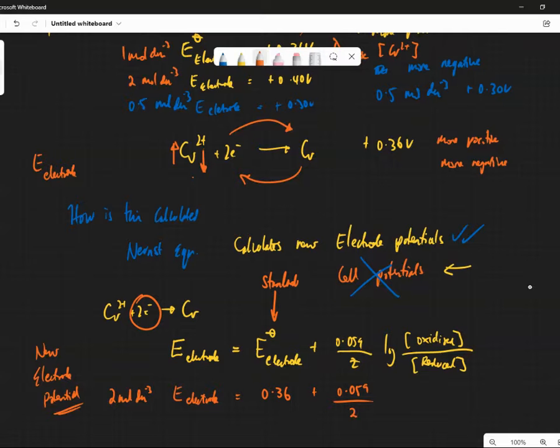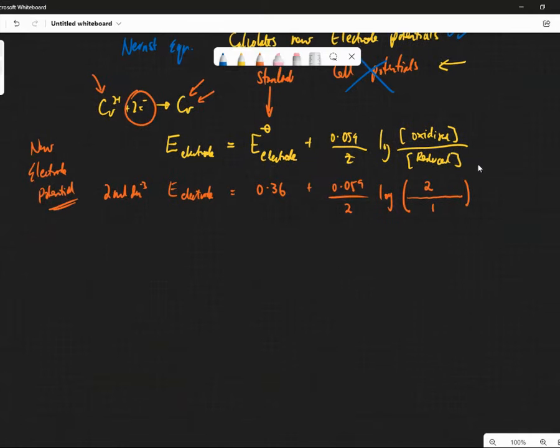So that's over 2, log of the oxidized concentration. The oxidized concentration is this one, because this is the oxidized state and this is the reduced state. So the oxidized concentration is 2 divided by the reduced concentration. Now, this is a piece of metal, so we just ignore that and we just call it 1. All right, so there we are.